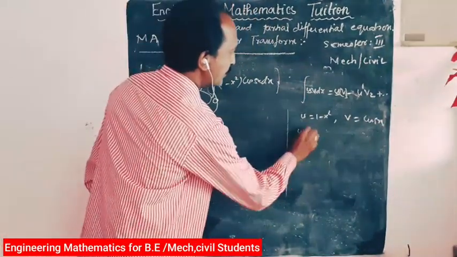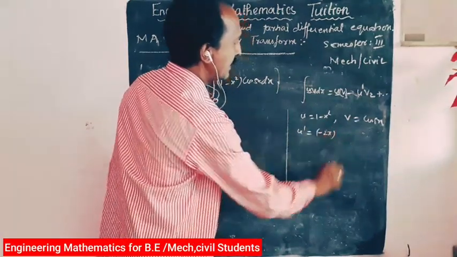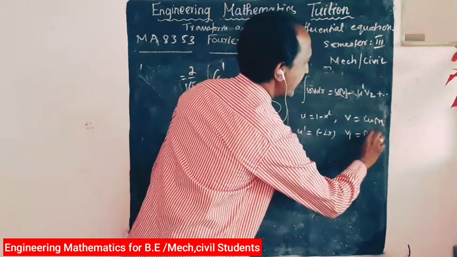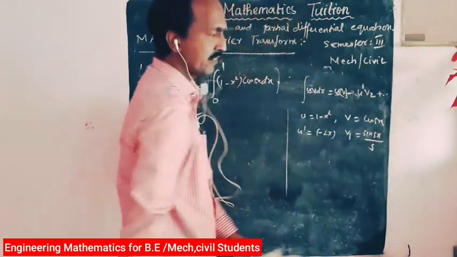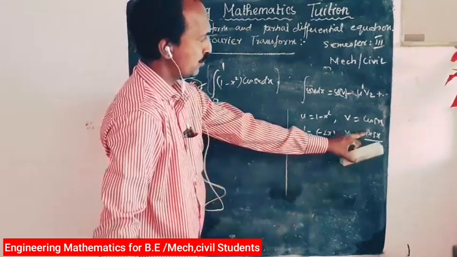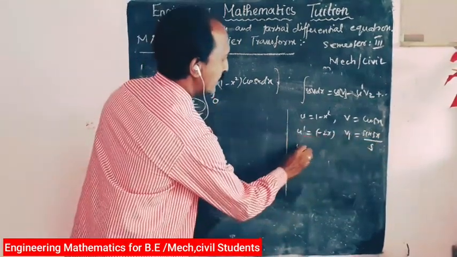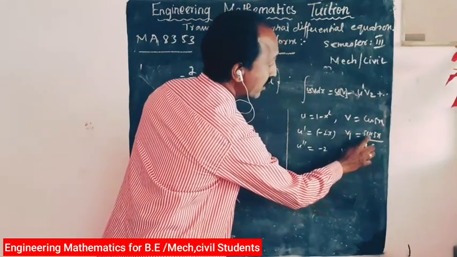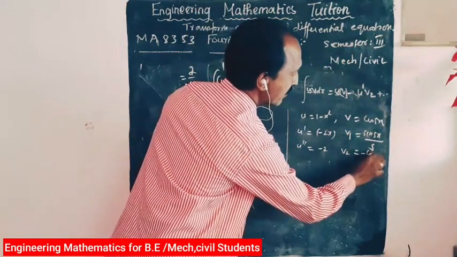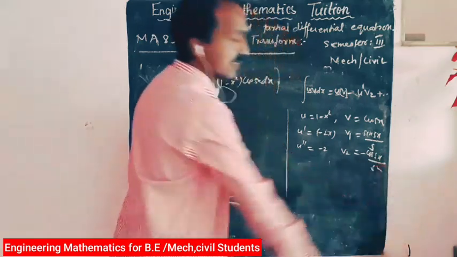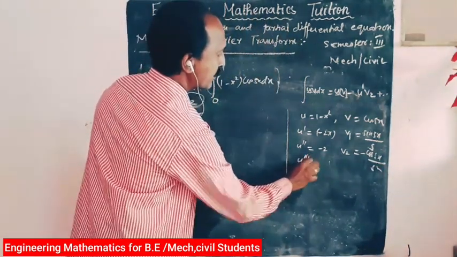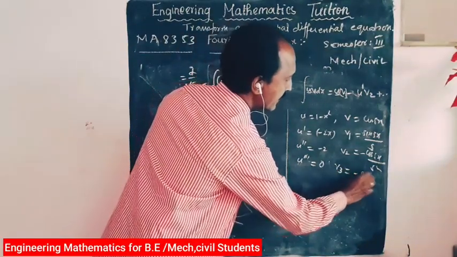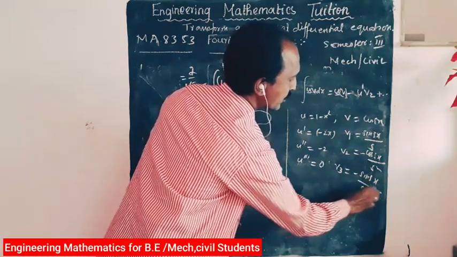So u dash equals minus 2x, and v1 is the integral of v, that is sin sx by s, where s is a constant. u double dash equals minus 2, and v2 is the integral of sin sx by s, that is minus cos sx by s squared. u triple dash equals 0 and v3 equals minus sin sx by s cube.